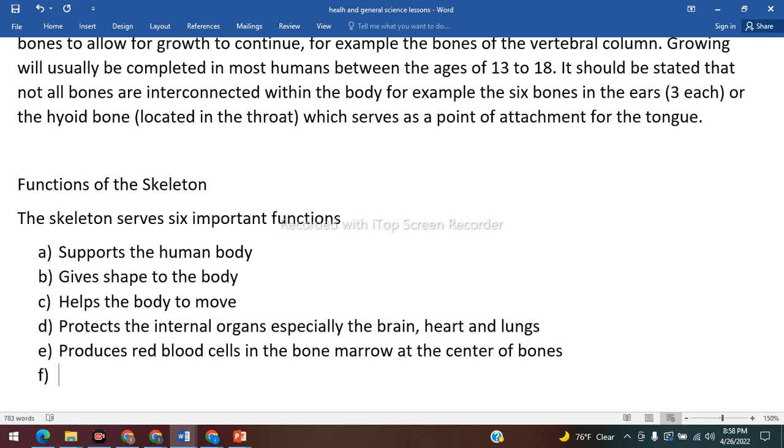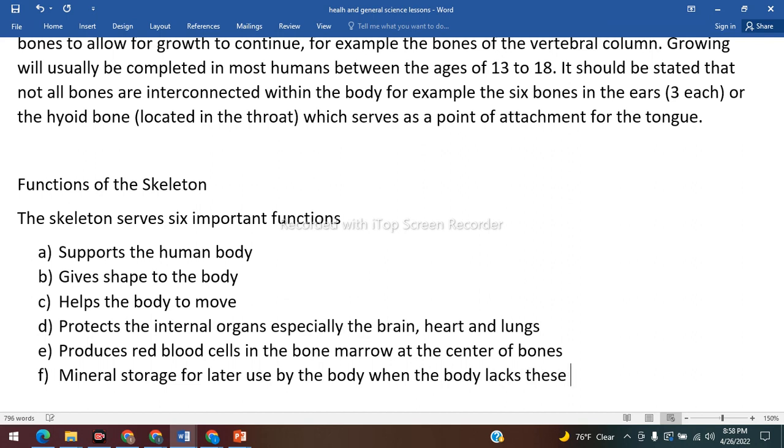And F, mineral storage for later use by the body when the body lacks these minerals. It pulls them from the bone. Wow.